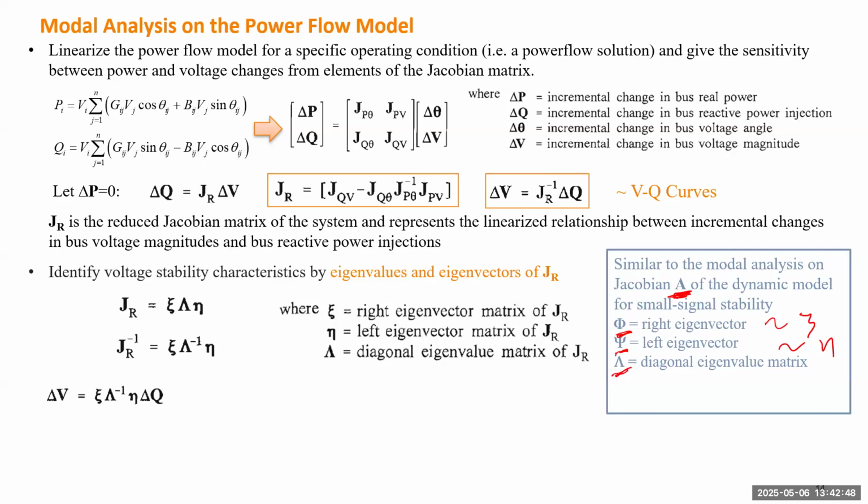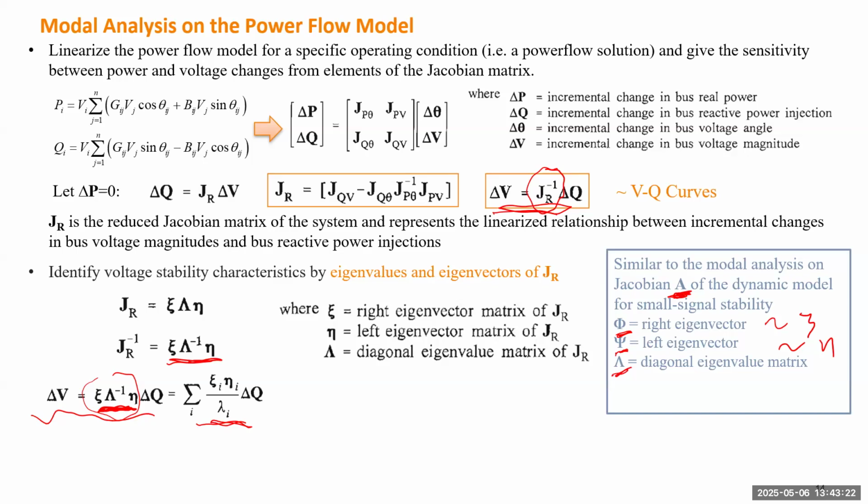Okay, so next from here, because we can replace this inverse of a Jacobian matrix by the diagonalized version, we'll have this equation. And if we spell out what happened in here, it is a summation of many atoms.